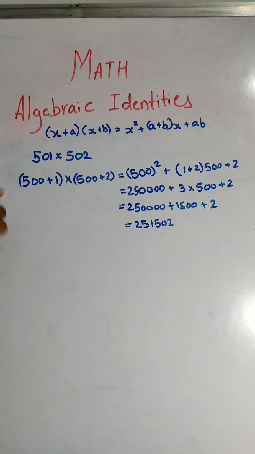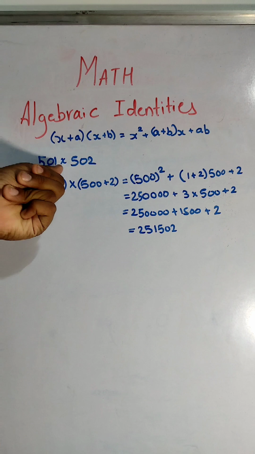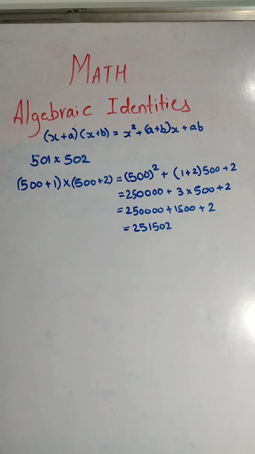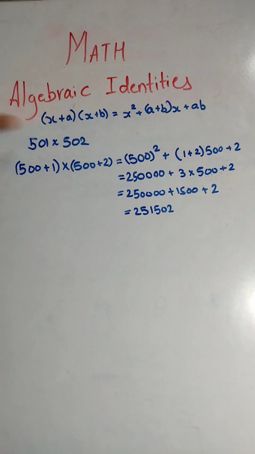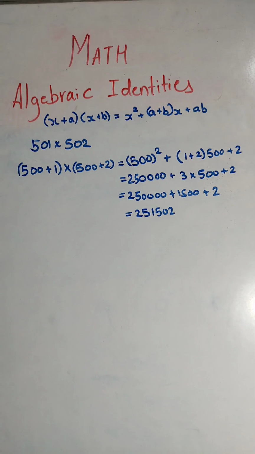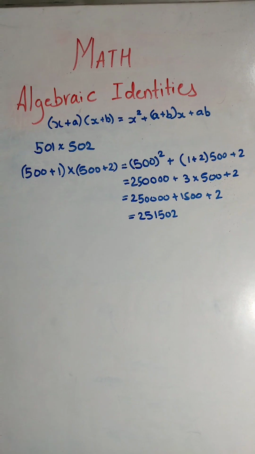So we can see that we've simplified 501 into 502 as this, because all we've done is separated the numerals and we've easily used this fourth identity, or considered a special identity, to solve this equation.